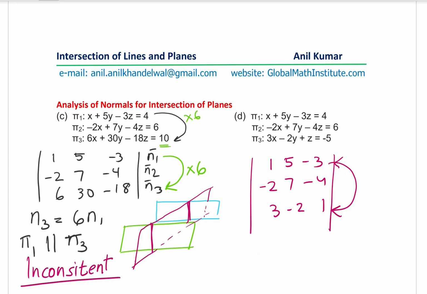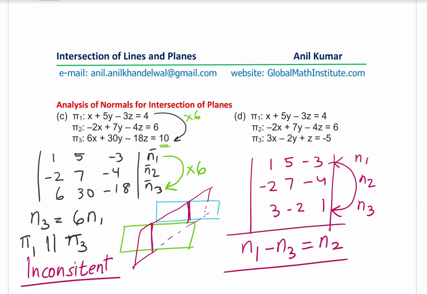So rather, if this is n1, this is n2, and that is n3, then n1 minus n3 gives me n2. So we get a scalar combination here, right? So we do get some combination here.